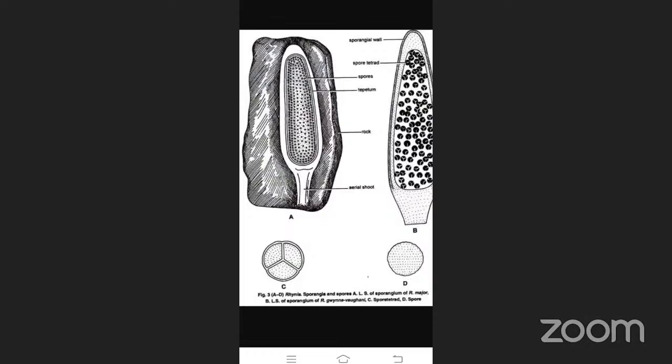Tapetum means nutrition, which nourishes the development of the spores. After the spores complete their development, they are liberated and germinate as gametophytic plants.